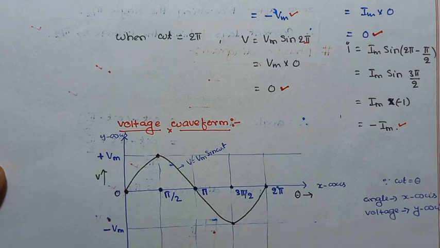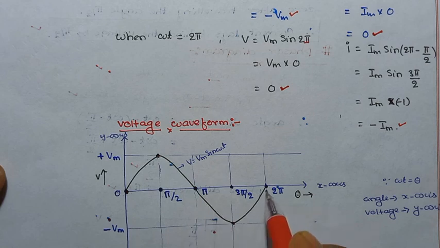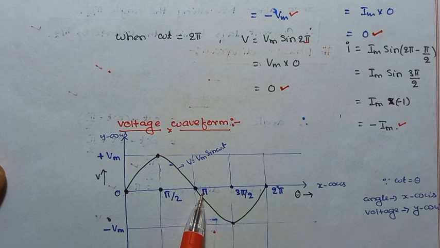And when omega t is 2 pi, again V becomes 0. So putting all these values, we have drawn this voltage waveform. This voltage waveform is V is equal to Vm sin omega t, drawn by taking angle along the x-axis and instantaneous voltage along the y-axis.